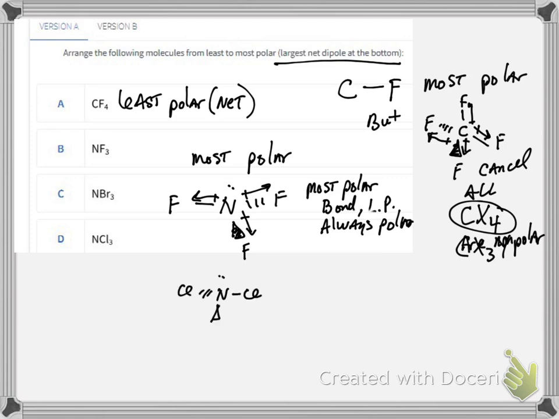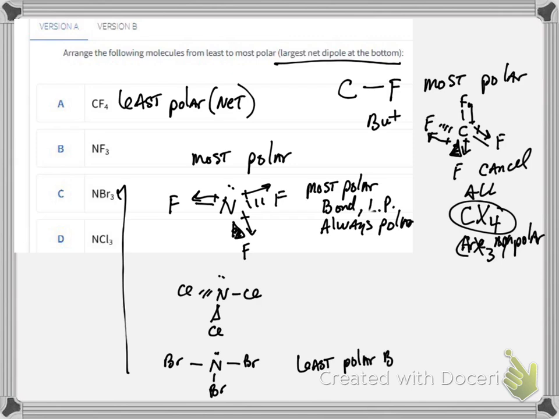Then as the bond polarity goes down, nitrogen-chlorine is less polar than nitrogen-fluorine. So these three contributions to the net dipole are now weakening, and the least contribution is the nitrogen-bromine bond. It's still going to be the least polar bond, while the nitrogen-fluorine is going to be the strongest.